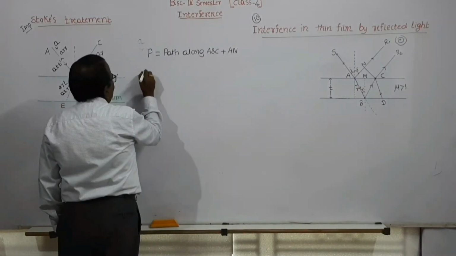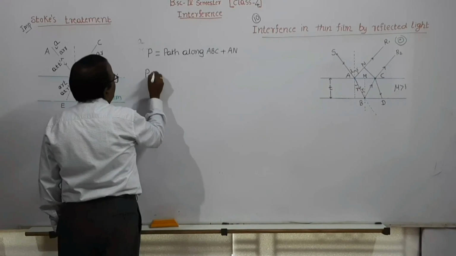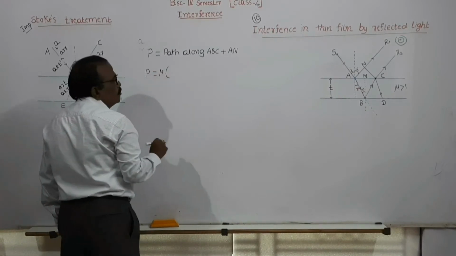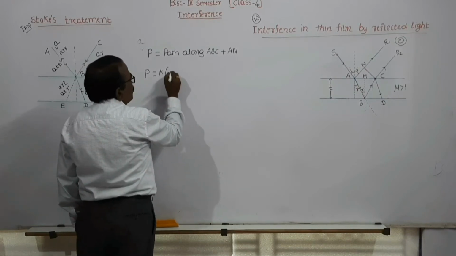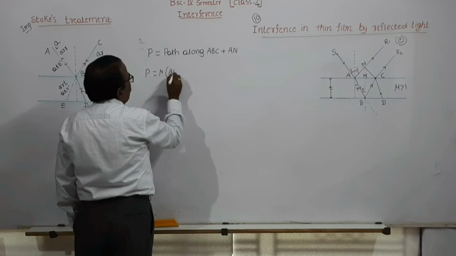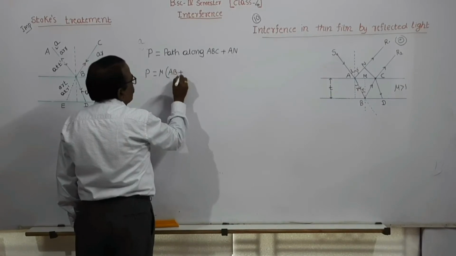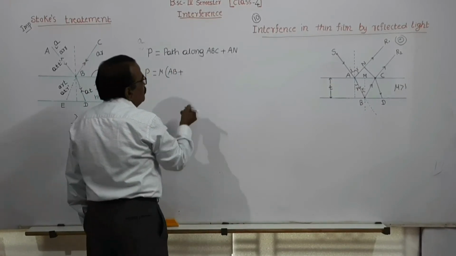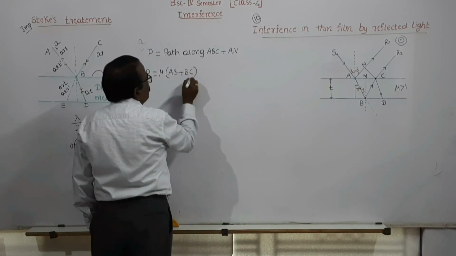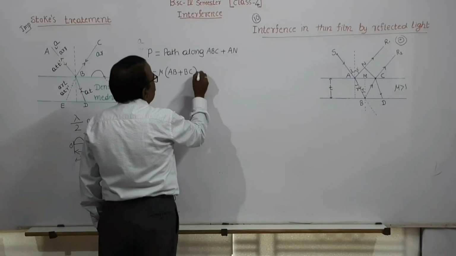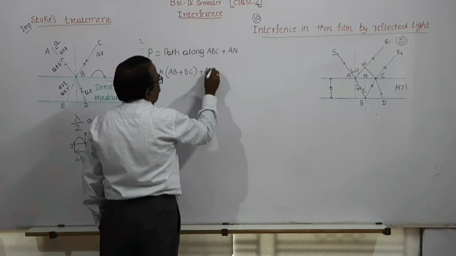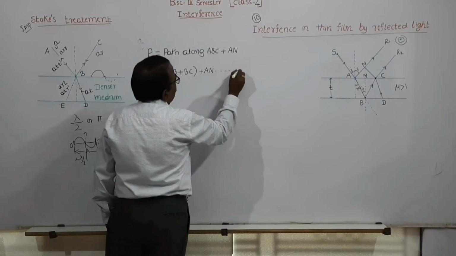Or the optical path difference is mu into AB plus BC, that is ABC, plus AN. Call this equation 1.